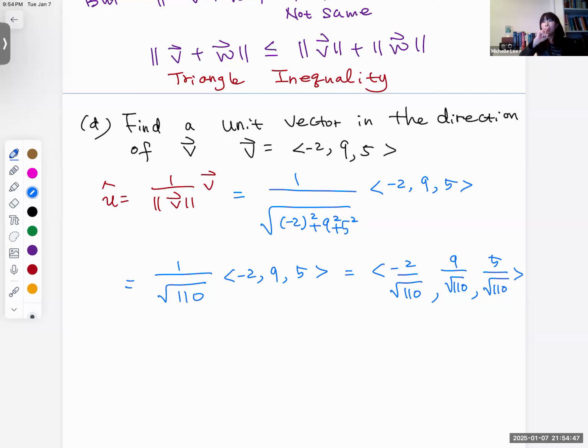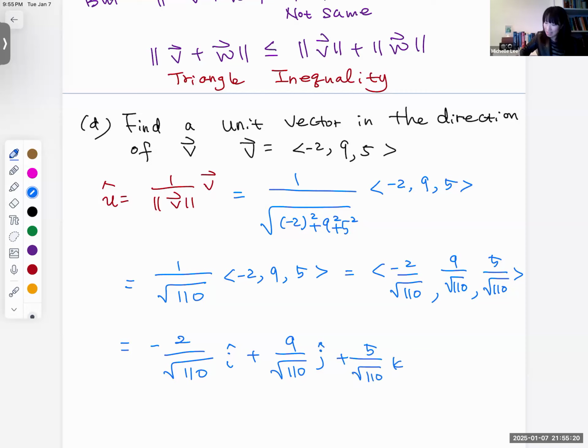Okay, so in the direction of v, we're going in the same direction as v, right? So i direction, j direction, k direction. So there will be negative 2 over the square root of 110 i hat plus 9 over the square root of 110 j hat plus 5 over the square root of 110 k hat, right?